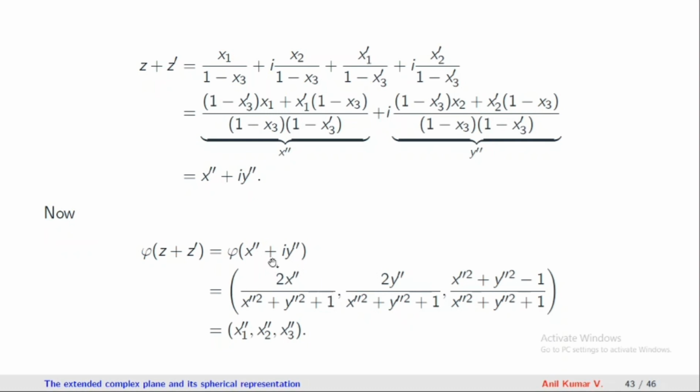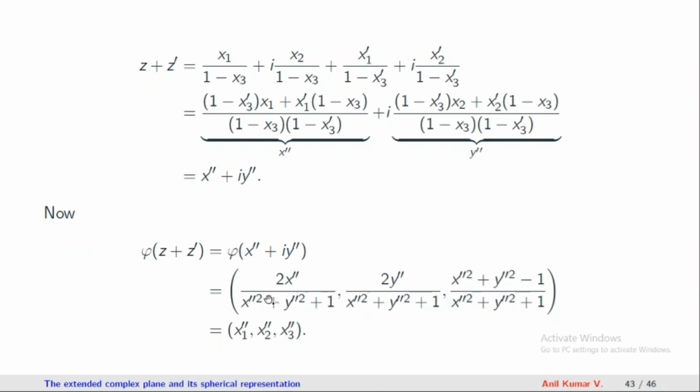By the formula we have already derived for the spherical image, the image of this point is 2x double prime divided by this, similarly 2y double prime divided by this, and the third coordinate is x double prime squared plus y double prime squared minus 1 divided by this.